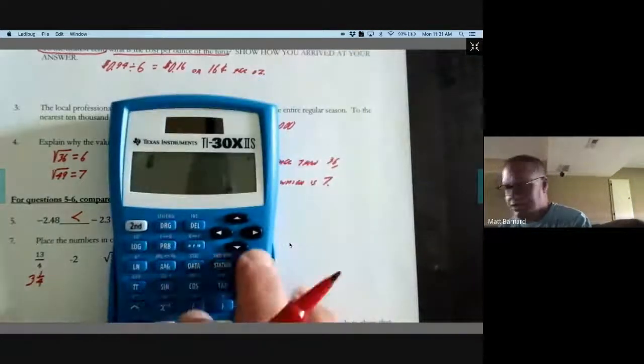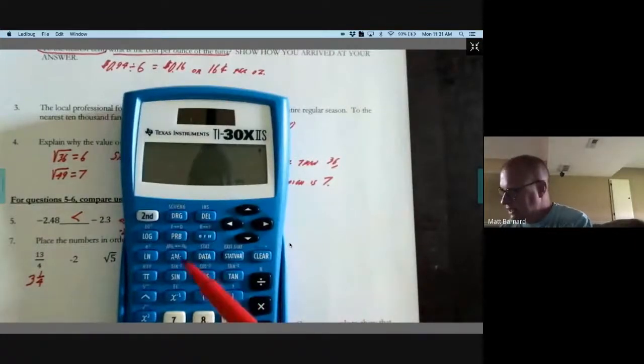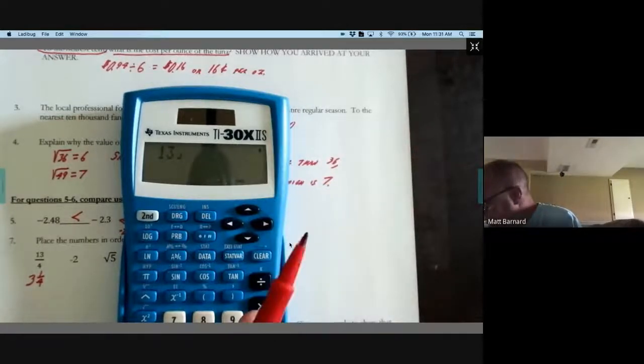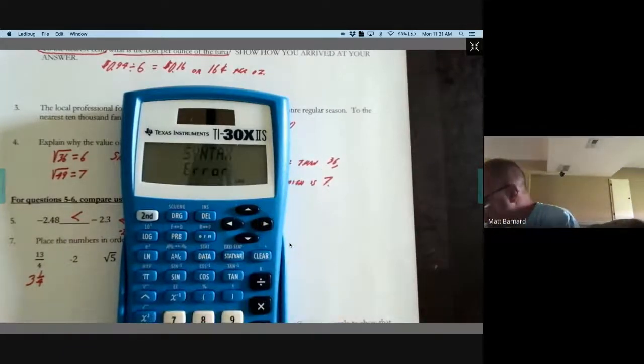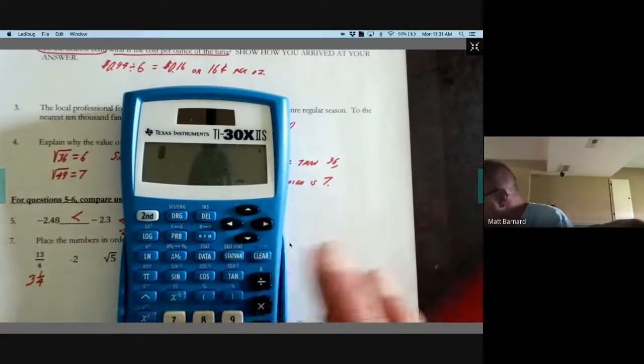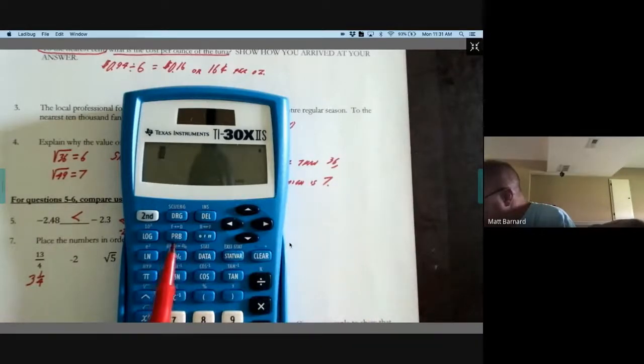The other thing I can do is I can take my calculator using this fraction key, and I could hit 13, and I could hit this fraction key, and a 4, notice that's what it looks like there. I can hit enter on that, and it'll give me the mixed number. What I can do too is I can hit the fraction key again, and in this case, I didn't quite like that, because I would need to go ahead and select one of these other options up above here.